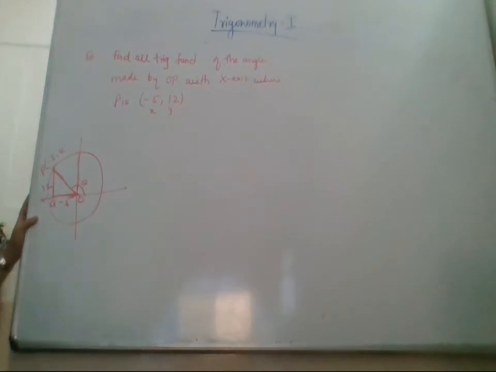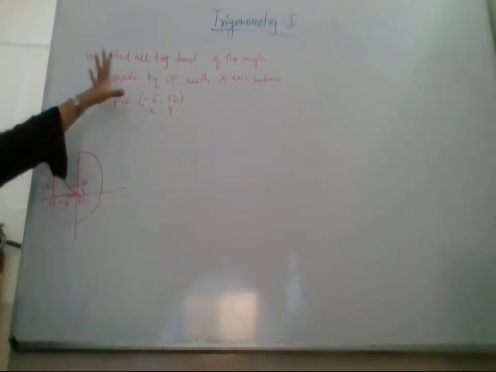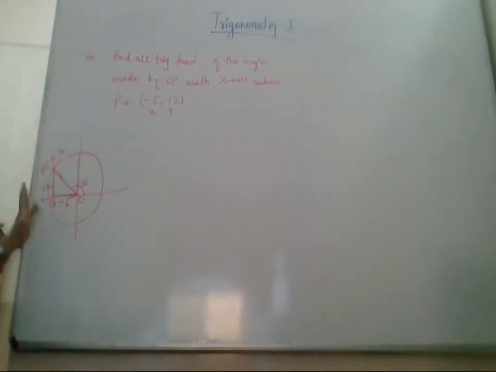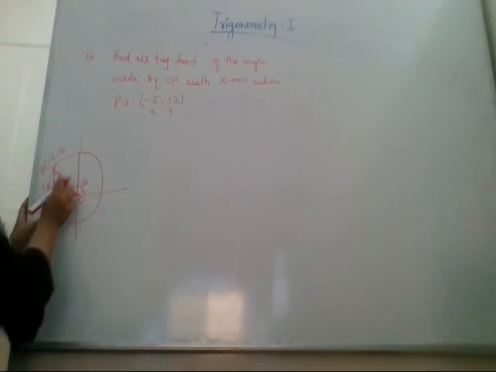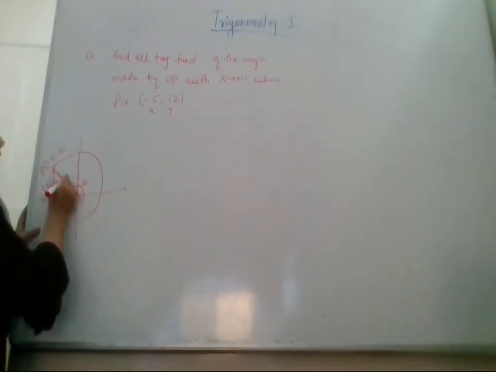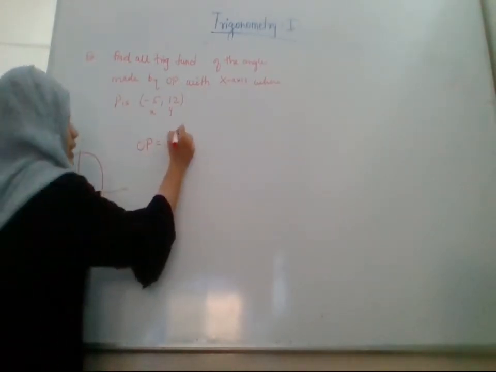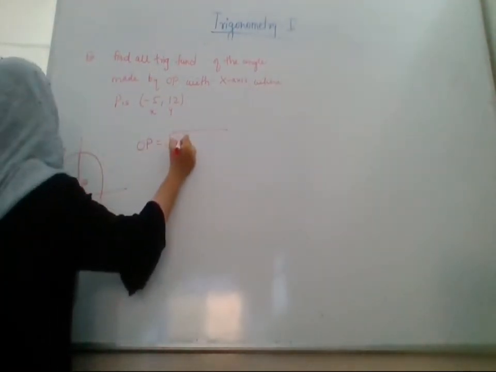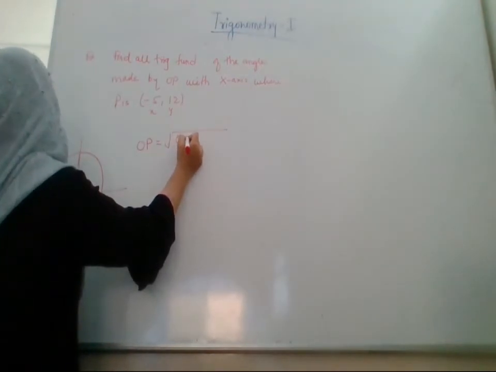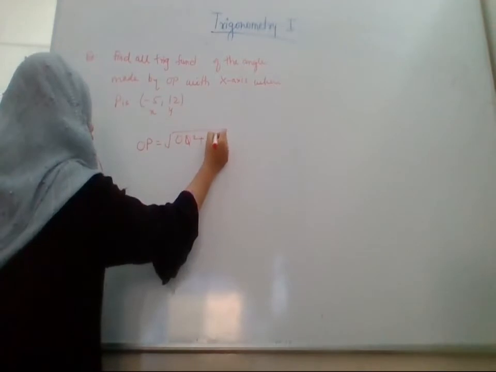Okay, so we have to find out all the values. See, it is not given that the circle is a unit circle, so we don't have the radius here. From here we can find the radius. The radius OP, by Pythagoras theorem, is under root of OQ square plus PQ square.